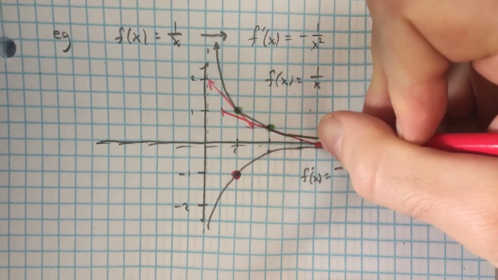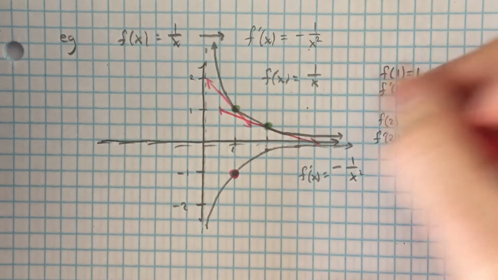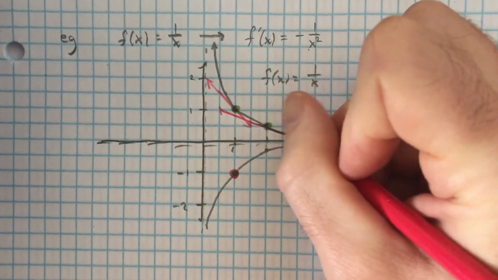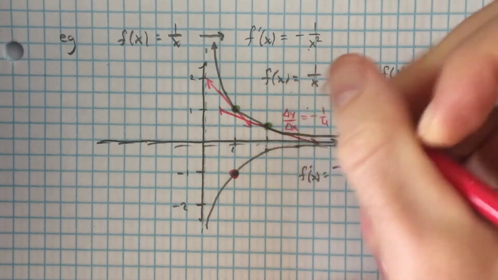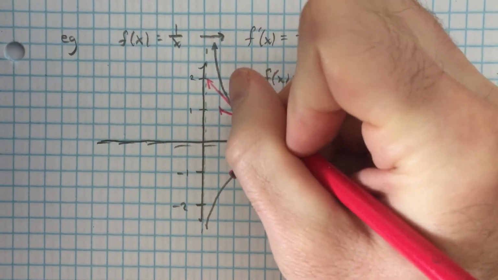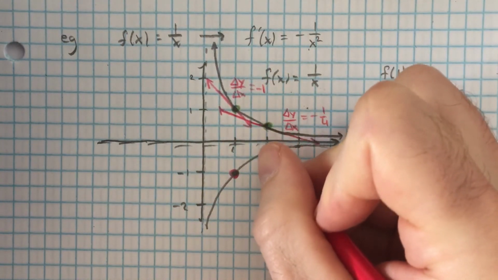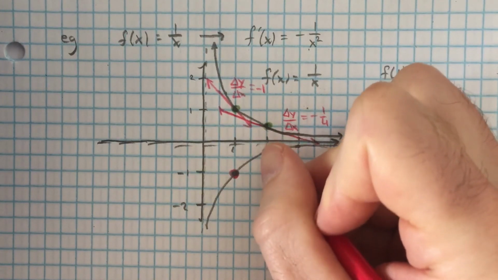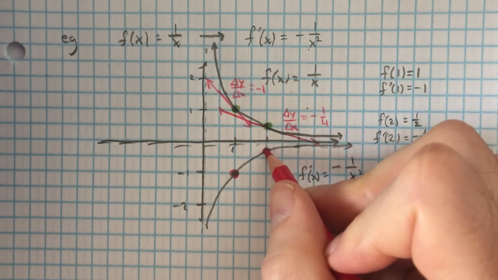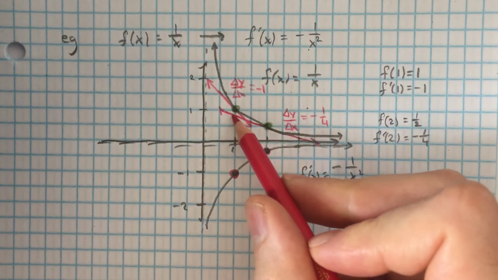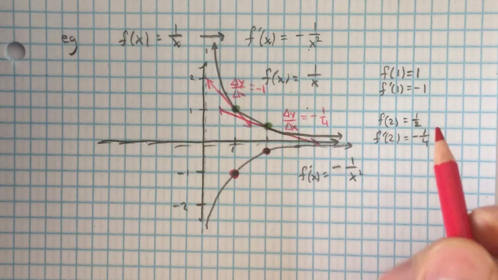There's our tangent line, and its slope is negative 1/4. But that's exactly the same as the height on the derivative curve, right? On the derivative here, the function height is negative 1/4, but that's exactly the same as the slope on the original curve, in this case, the location of 2.